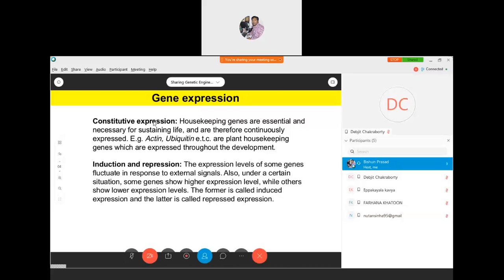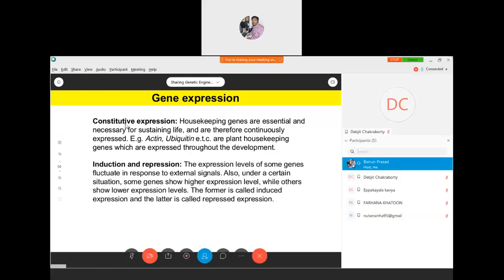So one important point is that constitutive gene expression is controlled by the promoter, and the promoter is known as a constitutive promoter. A constitutive promoter like actin or ubiquitin drives the expression of protein sequences all the time in all parts of the tissue.